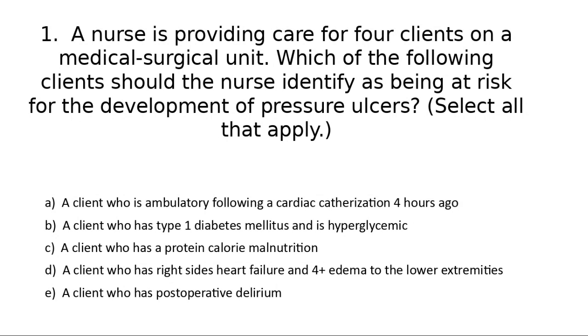A client who has type 1 diabetes and is hyperglycemic. Did you guys choose B? Yes, you can say they're at risk. Diabetics are always at risk, though it doesn't mean they always have something concerning. And when they're hyperglycemic, they're definitely at risk of developing those ulcers. Yes, B is correct. Those patients are at high risk because they're diabetic. We talked about those diabetic feet.